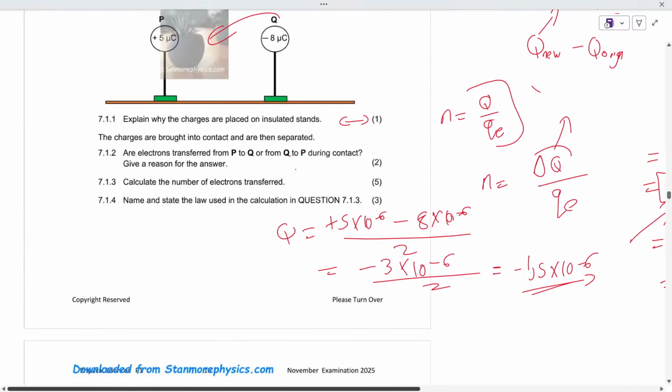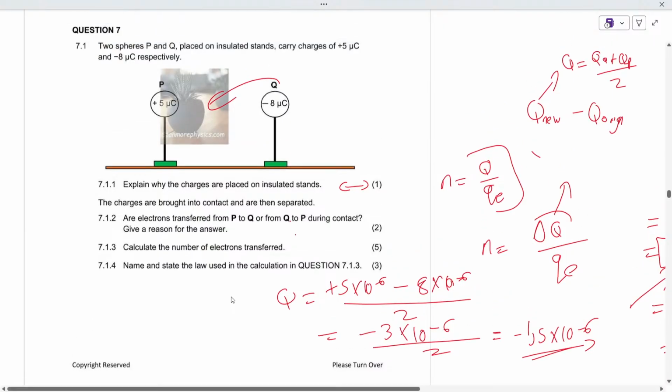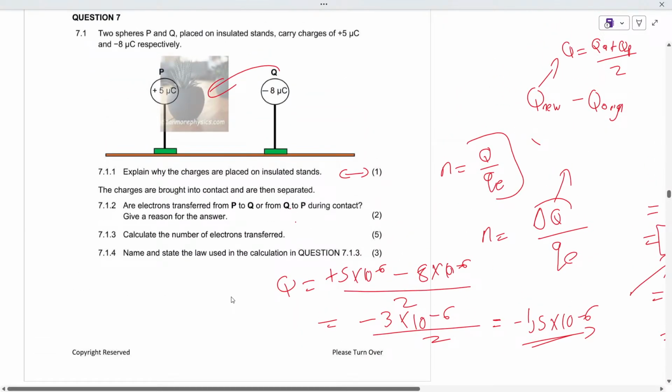Yes. So now they say name the law in question 7.1.3. Which law were we using? Coulomb's law? Did we ever use Coulomb's law here? No, we didn't use Coulomb's law.